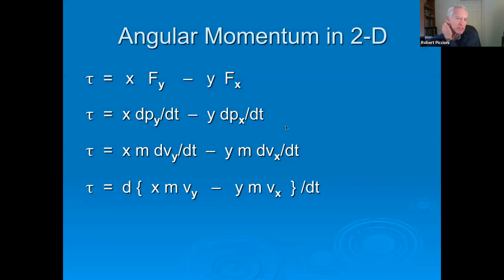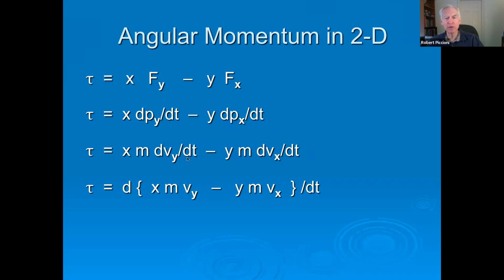Okay, now let's take this a little bit further. We can write the force as the rate of change of momentum. So I did that here. And then what is the rate of change of momentum? We're assuming the mass is a constant, so we take it out of the derivative. So this is the rate of change of velocity. If you want to say the force in the y direction is m times the acceleration in the y direction, that's what this is. And the y component is the opposite thing with the x acceleration.